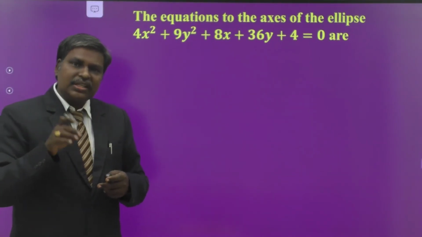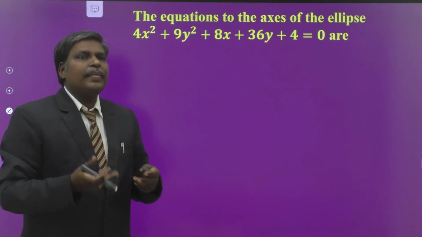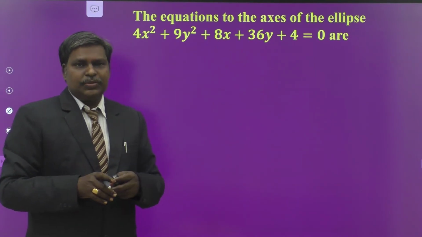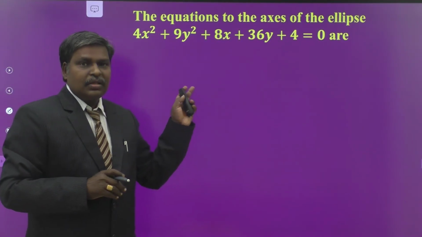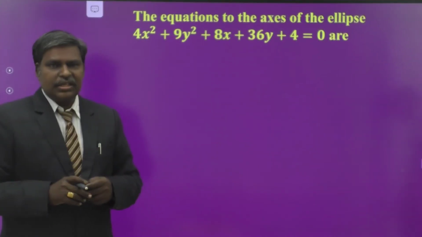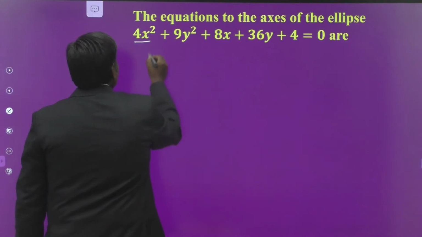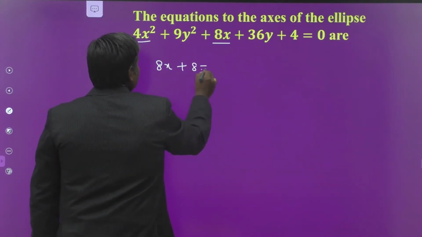That is common for both the cases, whether the xy term is included or not. But if the xy term is included, the partial derivative equations may or may not be the axes of that ellipse. But if there is no xy term in the ellipse, the partial derivative equations must and should be axes of that ellipse. Understand? So by doing the partial derivative with respect to x, we have 8x plus 8 is equal to 0.